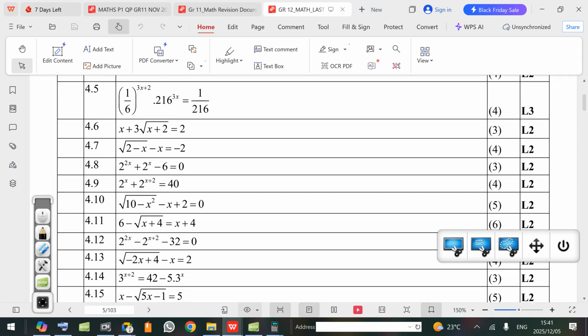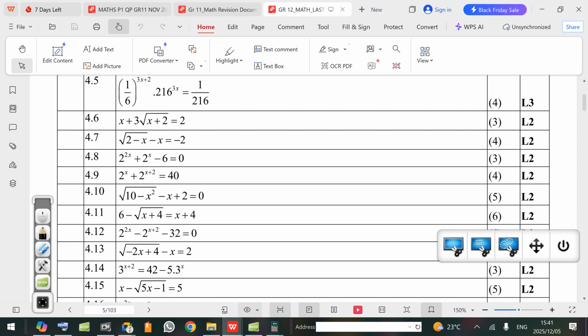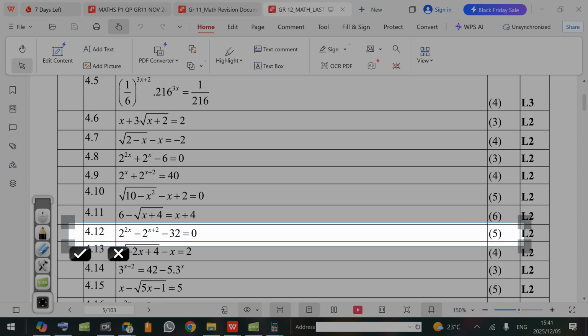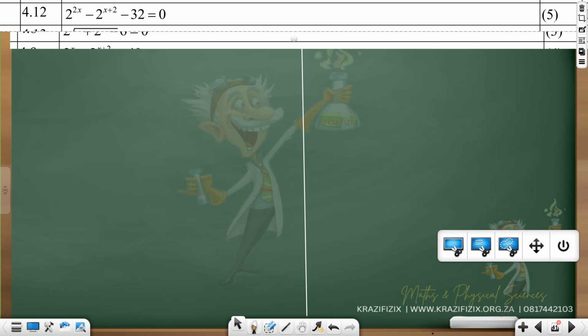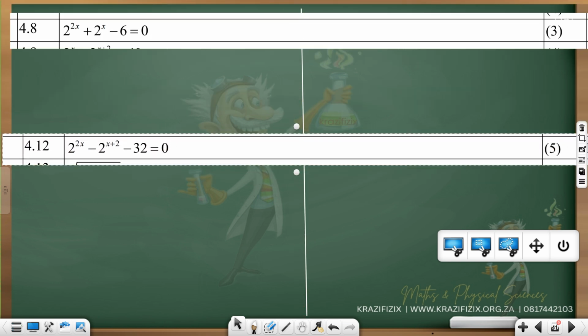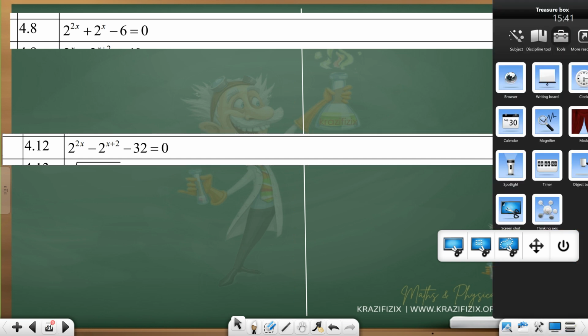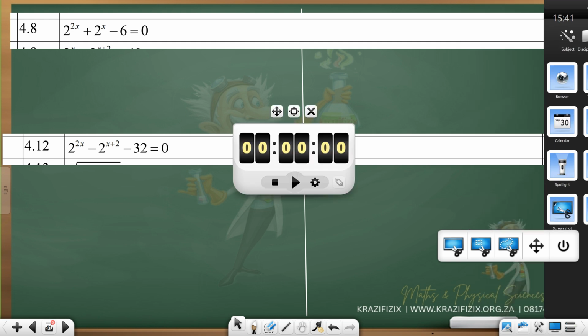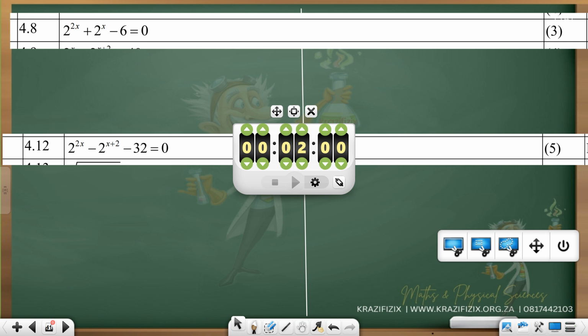While I know you want to be busy with that, just 1 second. 4.12, 5 marks. Let's try this too, but start with 4.8, everybody. That's 3 marks, so that shouldn't take time. I hope you've started.